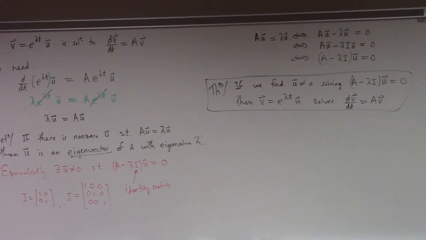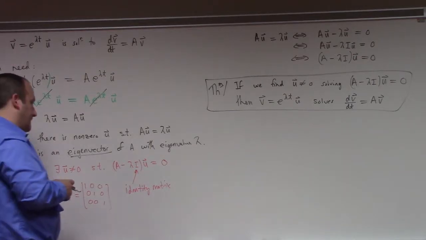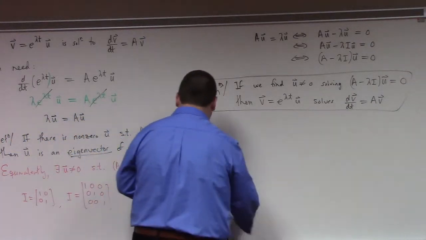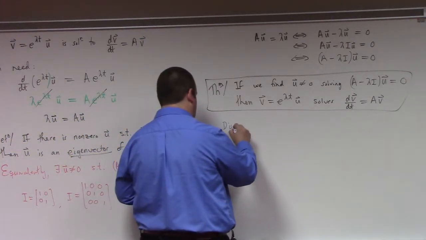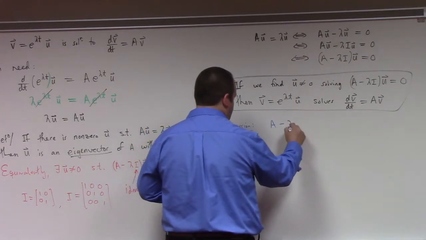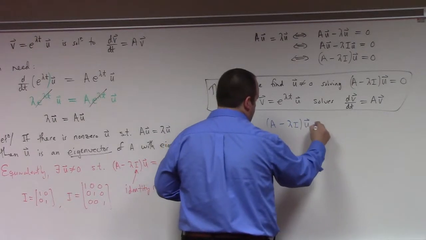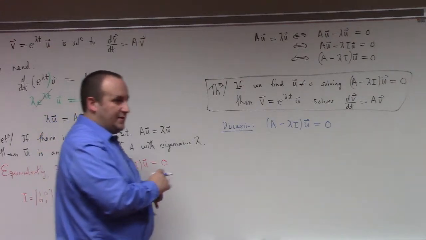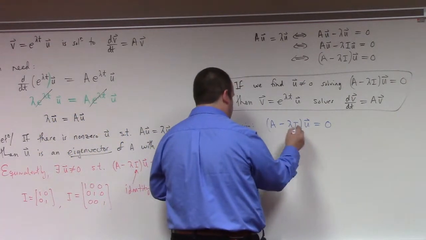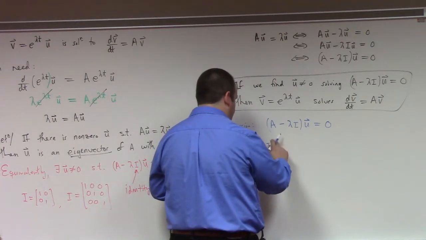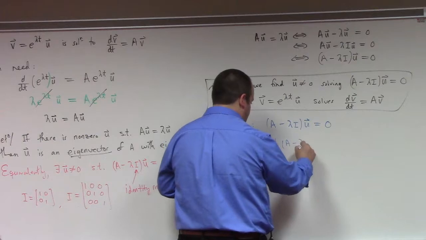All right, so let's pick at this equation, A minus lambda I times u equals 0, right? Let's suppose that there was an (A minus lambda I) inverse matrix.